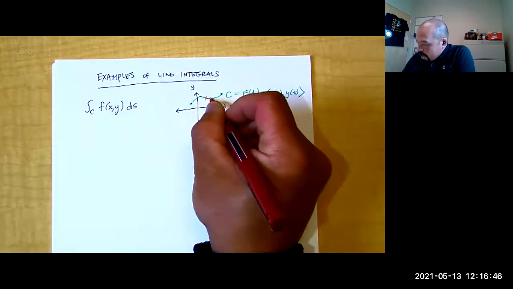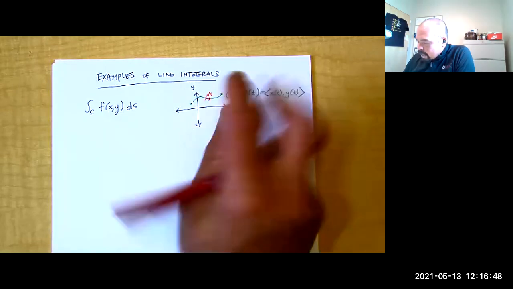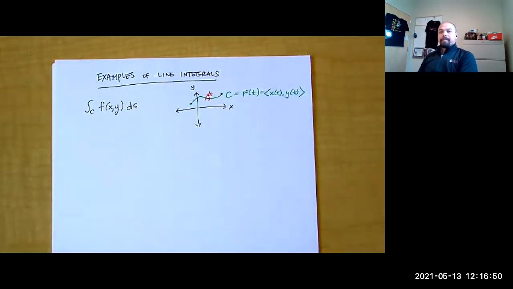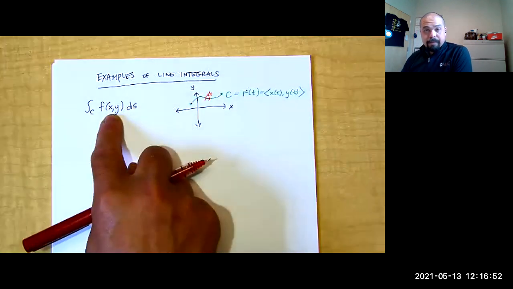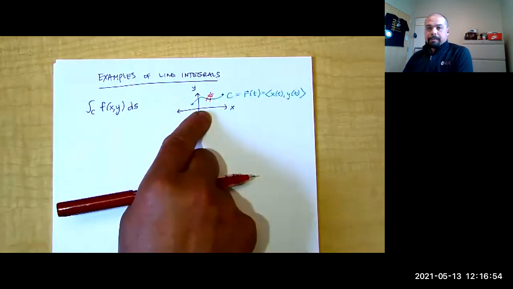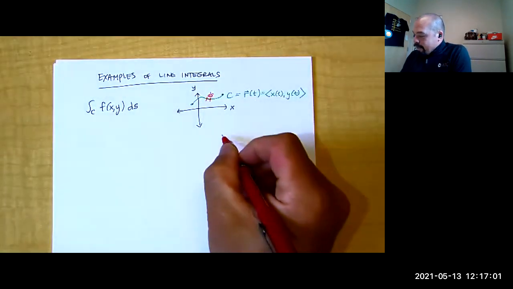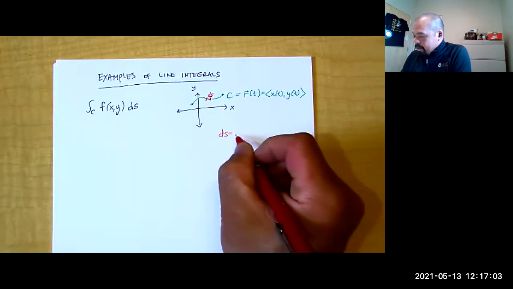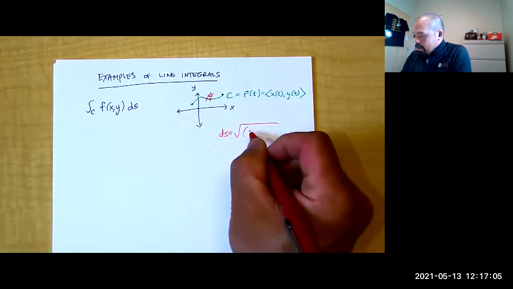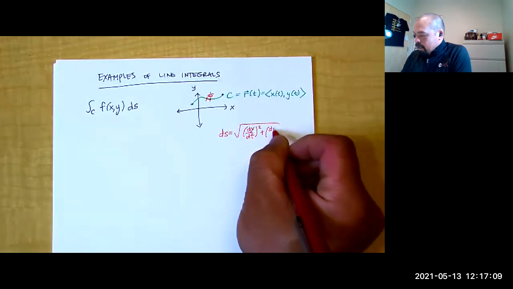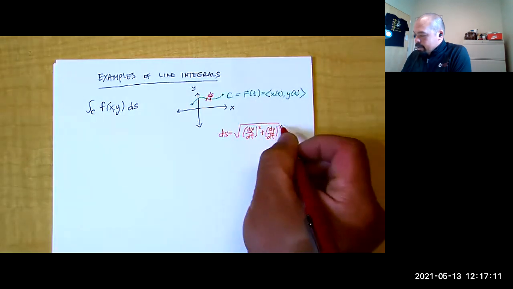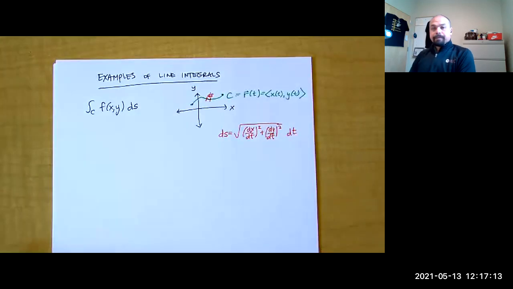And we have this little arc length segment ds that we're letting this function act upon. We use it as our base, and we have our heights with the function, the description we had yesterday. And that ds component, the little arc length, is the square root of dx dt squared plus dy dt squared, dt.